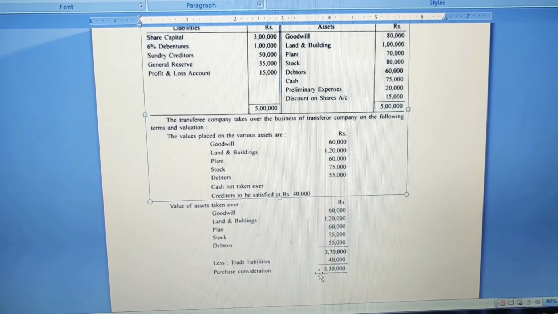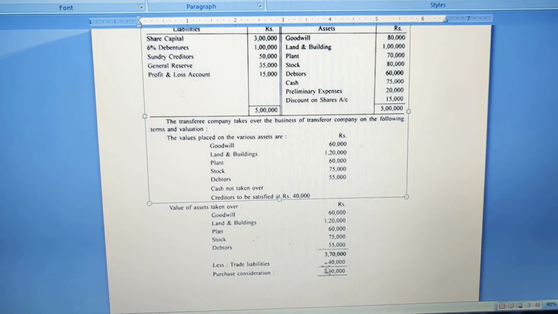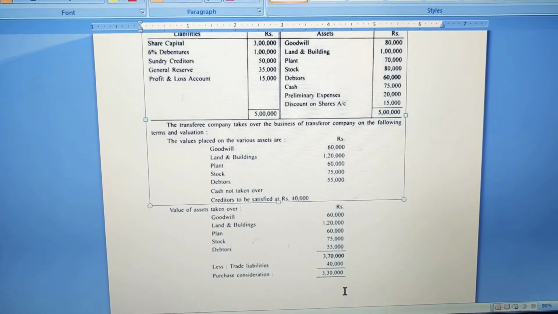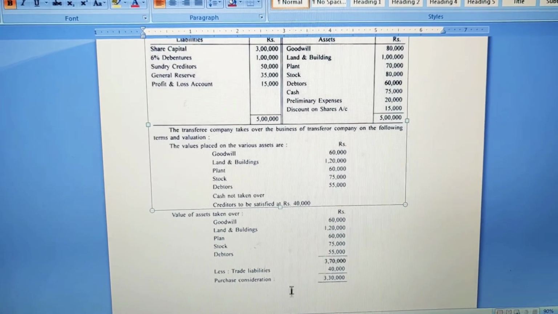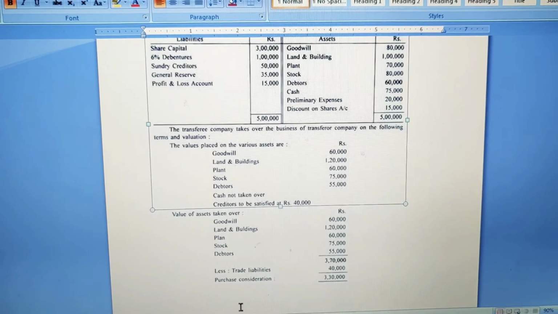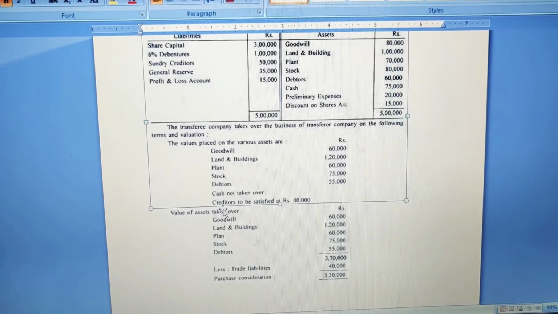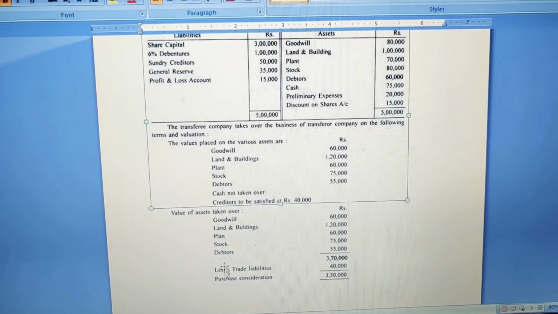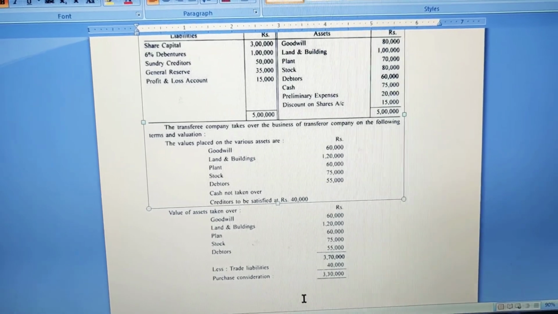So this will be your purchase consideration which the transferee company will pay to the transferor company for taking over its business. Clear? This is how you will calculate your purchase consideration. Add all the assets at agreed value and deduct therefrom the liabilities, and you will get your purchase consideration. Clear?